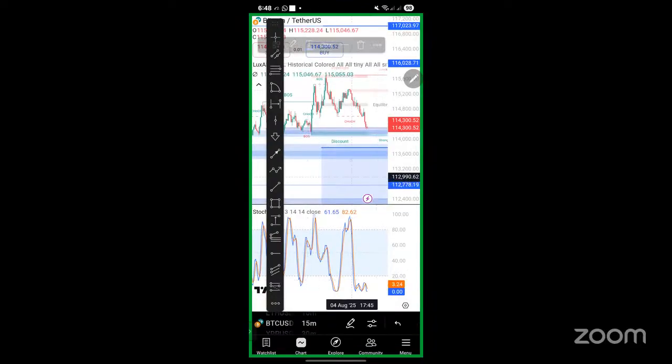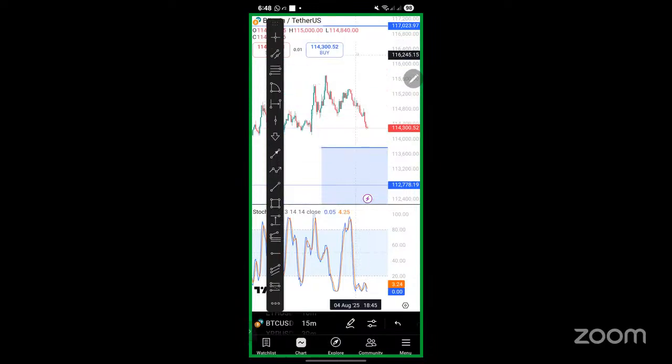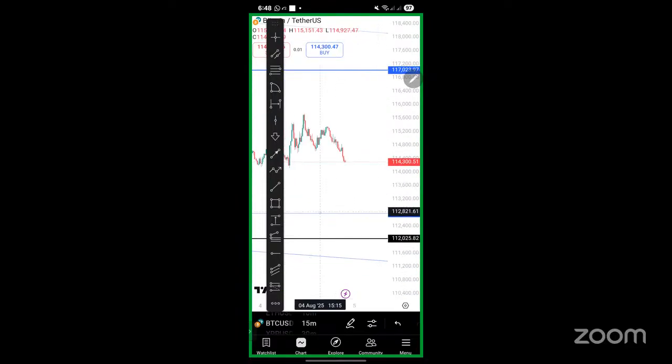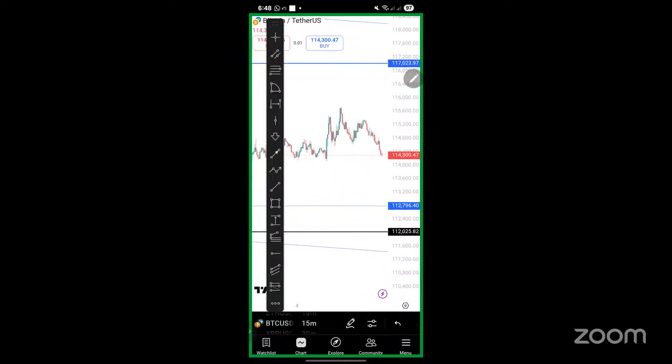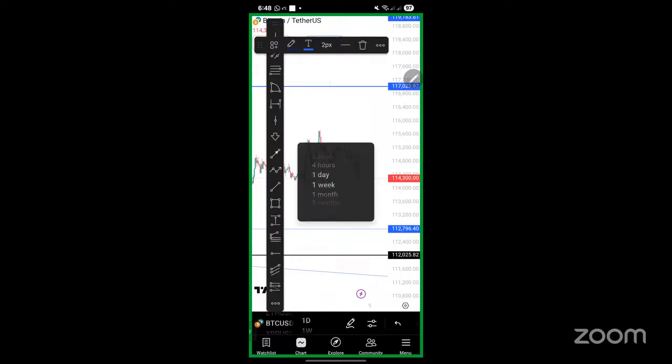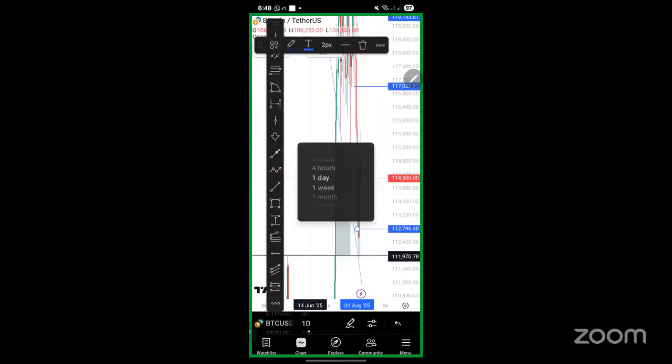This is BTC, remove the indicator. So I need to get pure price action. Let me take BTC in 1 day.